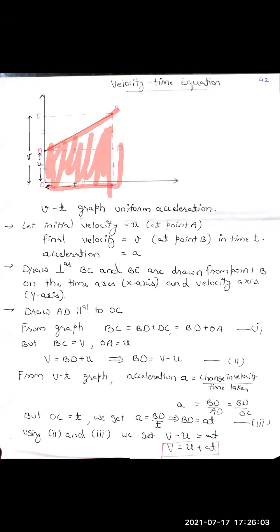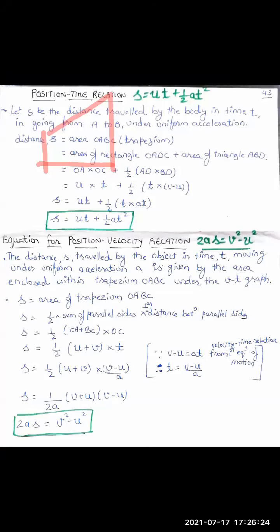If you see the shape, it is a trapezium. Two sides are parallel and the other two sides are not parallel, right beta? So this is a trapezium, named OABCO. So the area under the graph is the area of trapezium OABC.